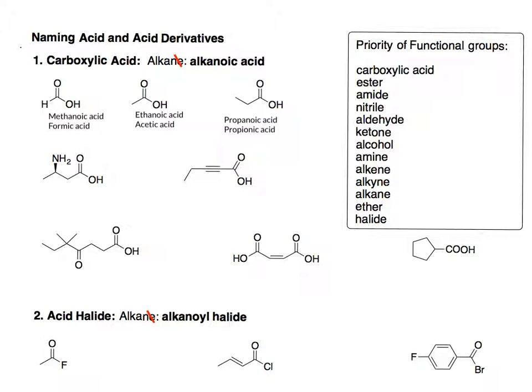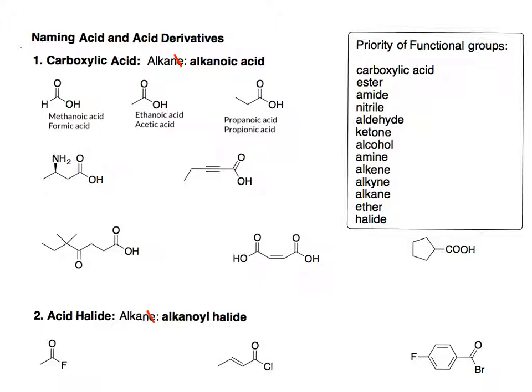A compound that contains multiple functional groups will be named, in most cases, as a substituted carboxylic acid. Therefore, for this molecule, it has an amino functional group on carbon number 3, counting 1, 2, 3, and the main chain has a total of 4 carbons.